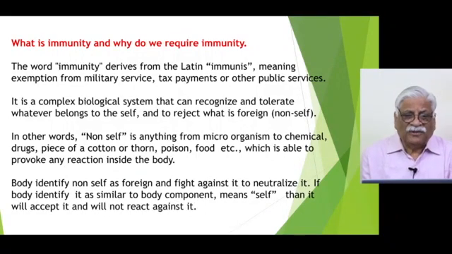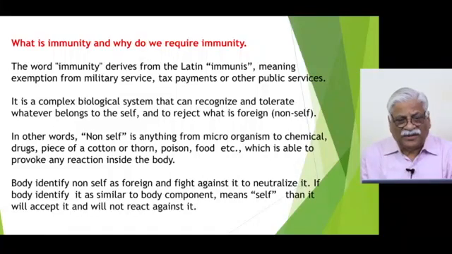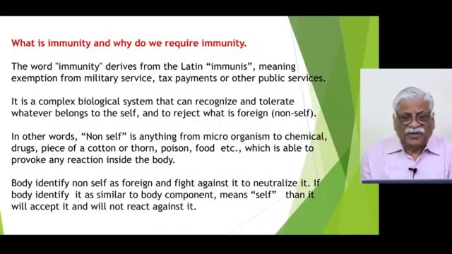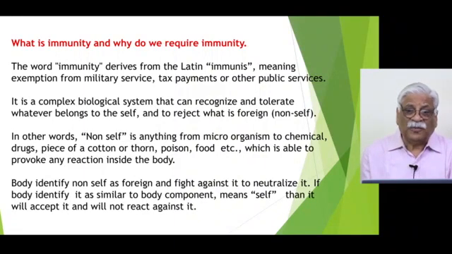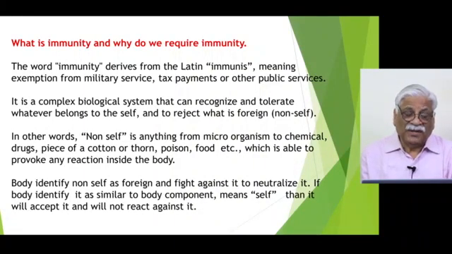In earlier lectures, I also mentioned that in our intestine there is a bacterium called E. coli, or Escherichia coli. This small bacterium is present for a long time in our intestine. Do you know that Escherichia coli also produces a toxin? But still it is present in our body right from our birth.